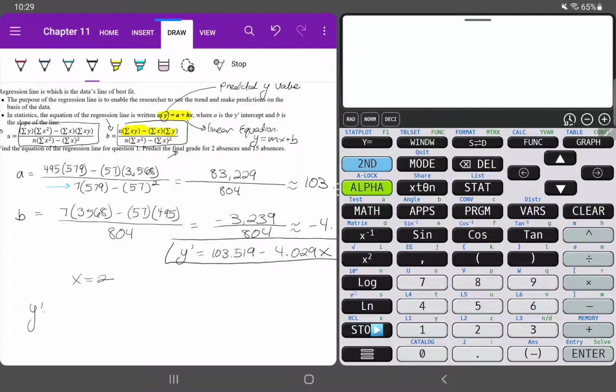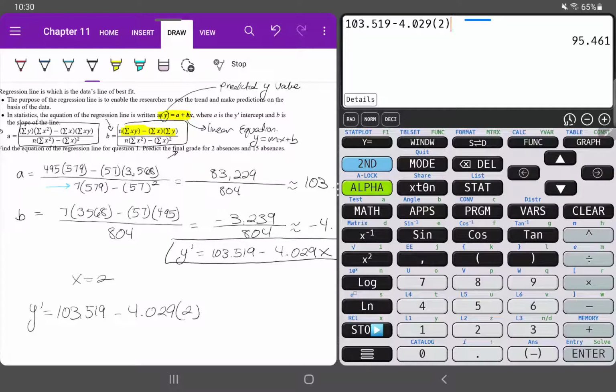My predicted y value will equal 103.519 minus 4.029 times 2. Let's do that in the calculator. 103.519 minus 4.029 times 2.